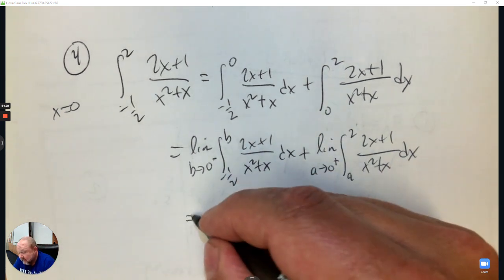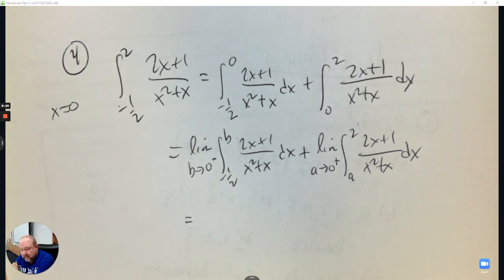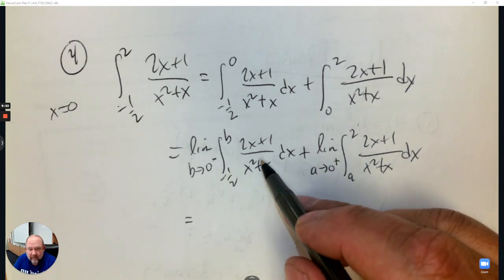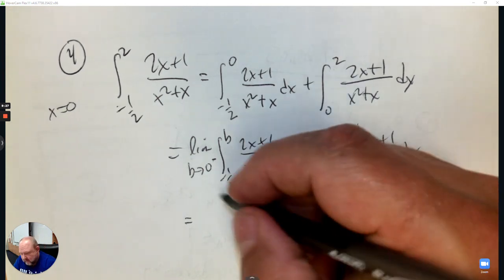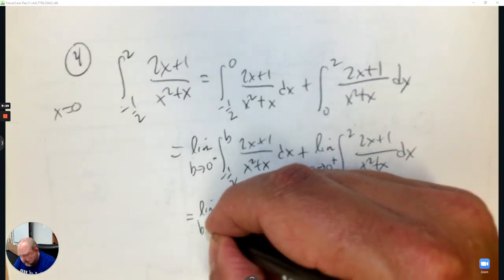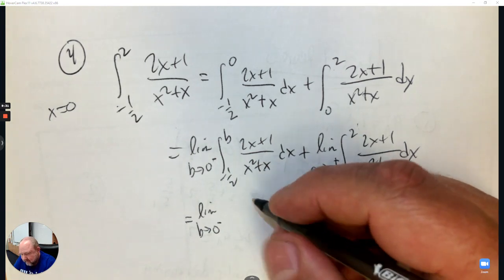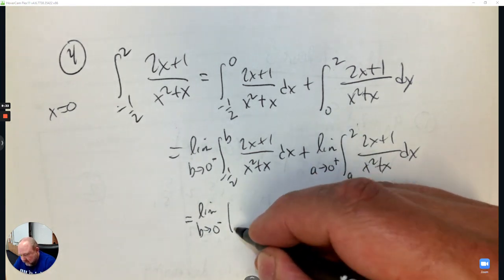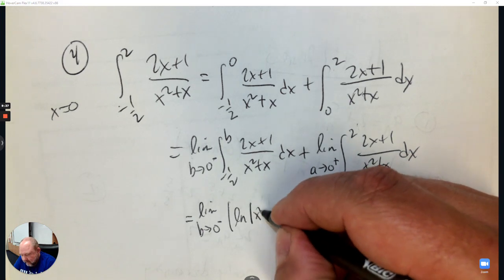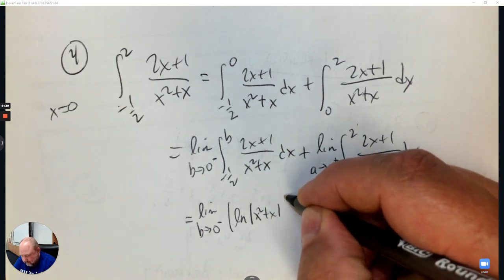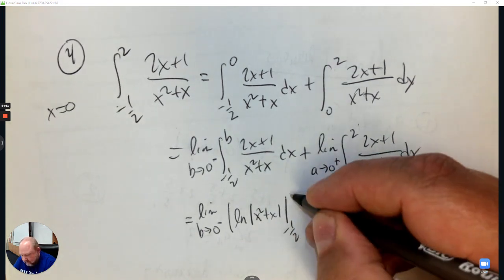All right, now we have to integrate it. So if I look at the denominator, the derivative of the bottom matches the top exactly. This is a logarithm. So we're going to write down the limit as b approaches 0 from the left, and then the answer, which is the logarithm of x squared plus x from negative 1/2 to b.